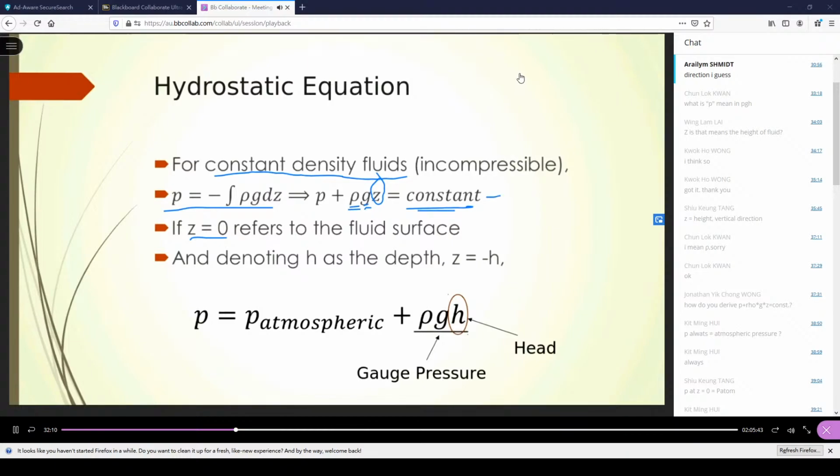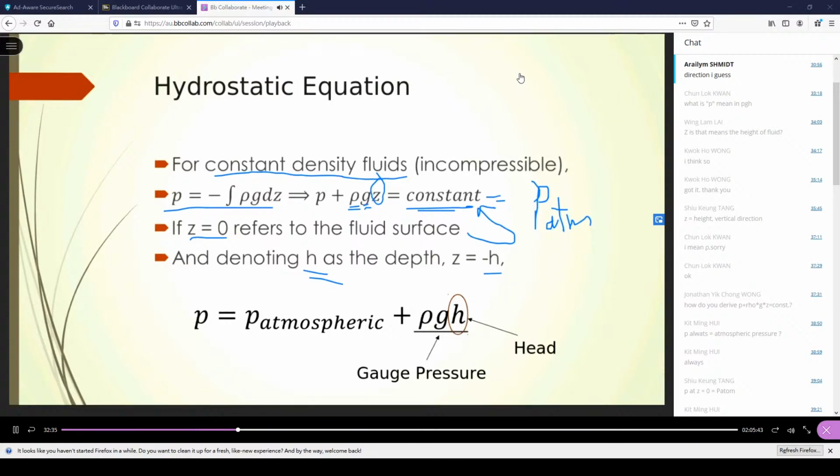Z equal to 0 is our reference, so the constant will equal atmospheric pressure. If we denote h as the depth below Z equal to 0, then Z equals negative h.